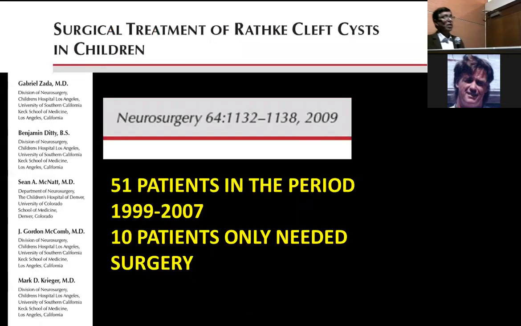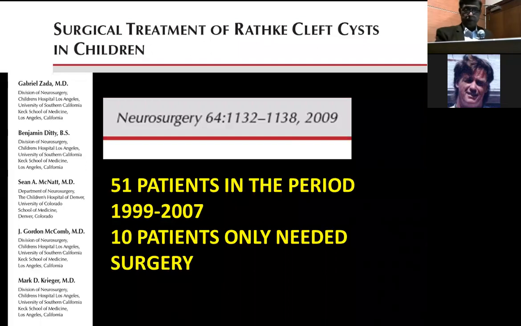So let's look at this natural history. The best thing is to see how many of the kids that we diagnosed went on to develop some symptoms. This is a paper by Zada and his colleagues published in 2009. They reported 51 patients in the pediatric population, and only 10 out of the 51 needed surgery.